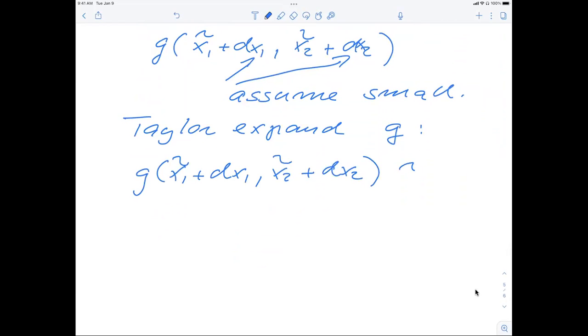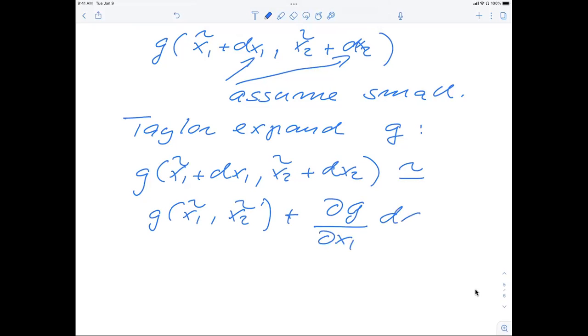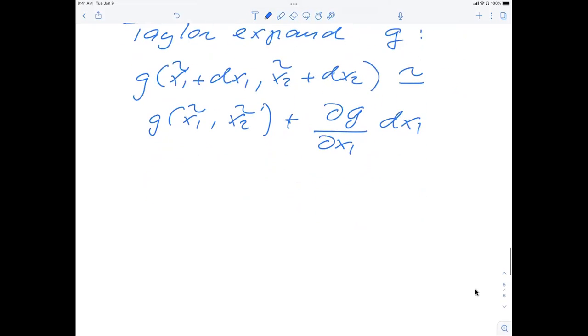And if we just stop at first order, then we get g of x1 tilde, and this is actually the equation for where the constraints are satisfied, plus a partial derivative of g with respect to x1 multiplied with dx1, plus a partial derivative of g with respect to x2 multiplied with dx2 here.